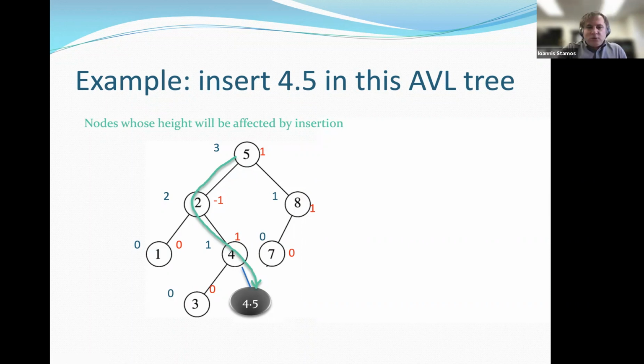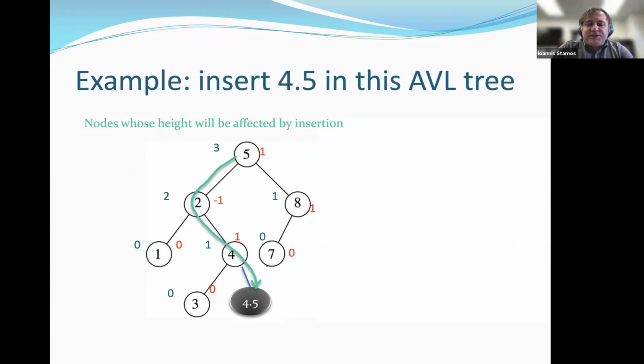These are the only nodes. The height of any other node in the tree will not be affected, even if it has millions of nodes to the left or right on the other side. The heights will be affected only along the insertion path. Okay, is this clear?